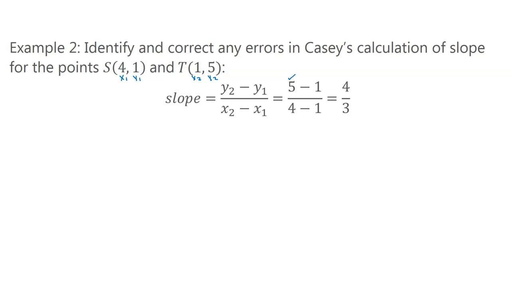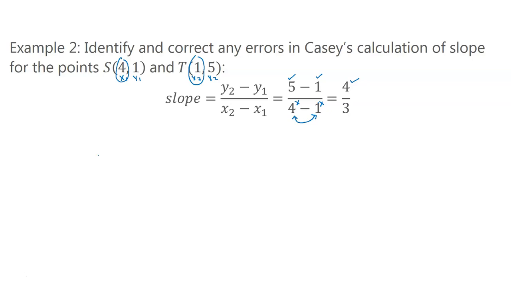The y1 value is 1, and then 5 minus 1 is 4, so the numerator looks correct. Now if I look at the denominator, x2 is not 4. x2 is actually 1, and the x1 is not 1, it should actually be 4. So it looks like these two values here are mixed up.